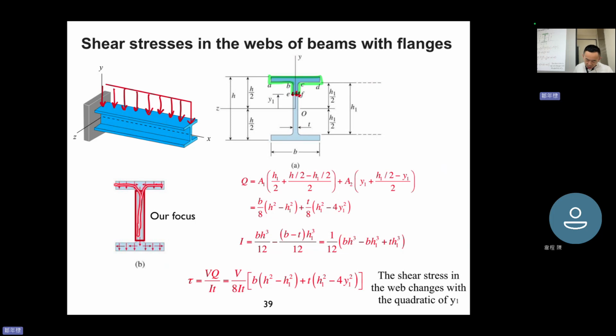So it's not uniform stress. In our mechanics of materials course, we always talk about uniform shear stress. So here it's too complicated. We cannot determine that. All right.